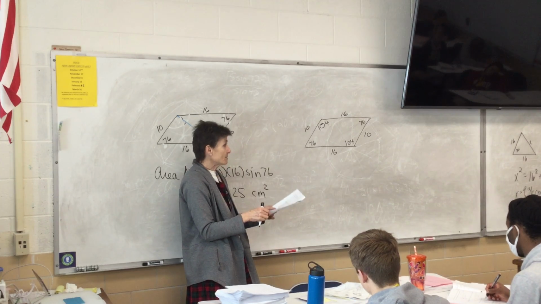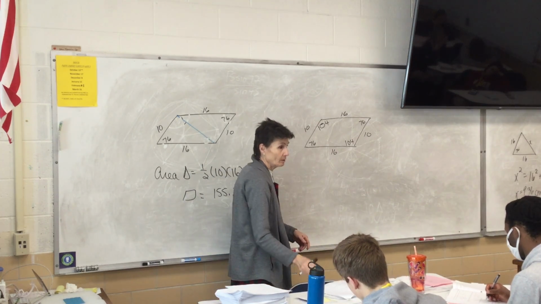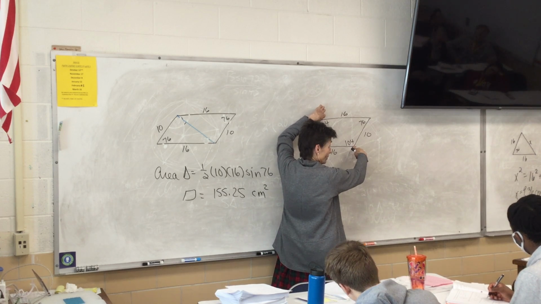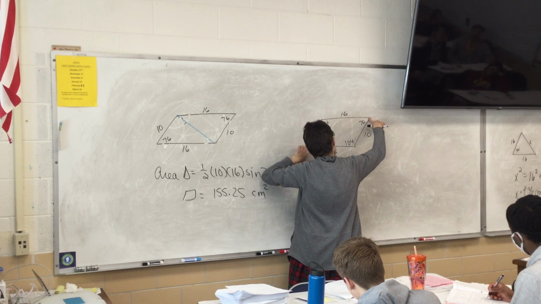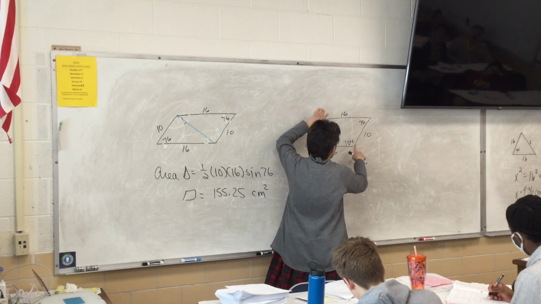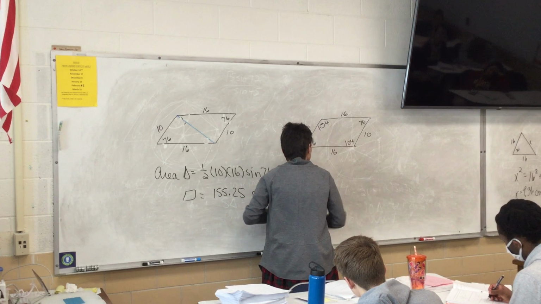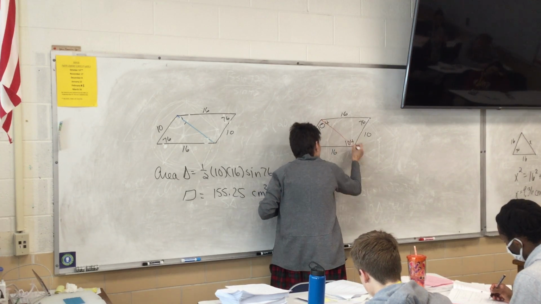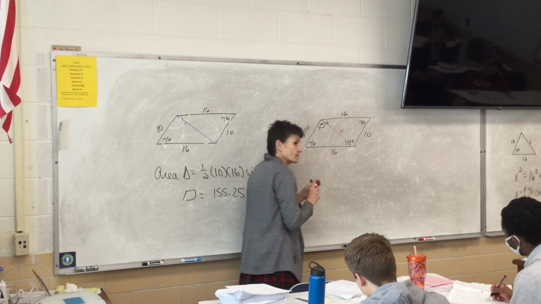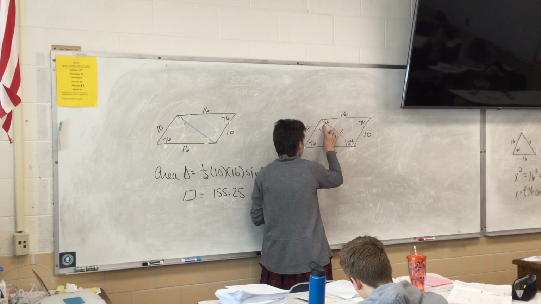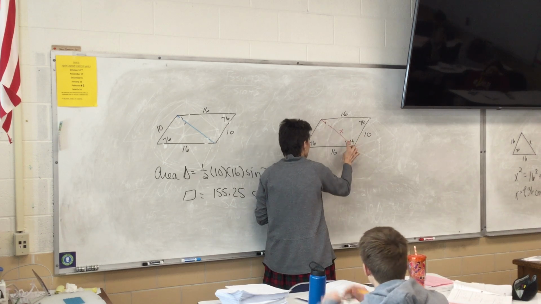But now we wanna find the shorter diagonal. So your choices are, are we going here, or are we going here? This is the shorter one, isn't it? So we're gonna find the length of the red segment. Like I said a minute ago, you know nothing about the split angle.